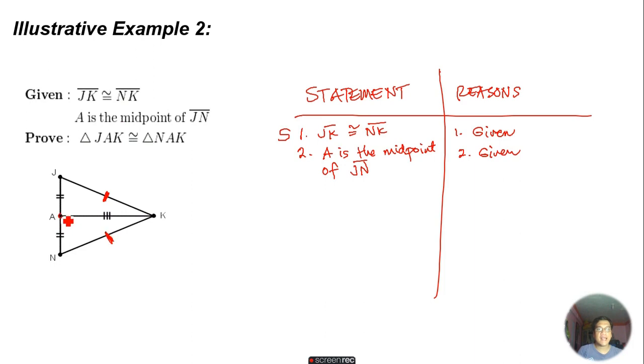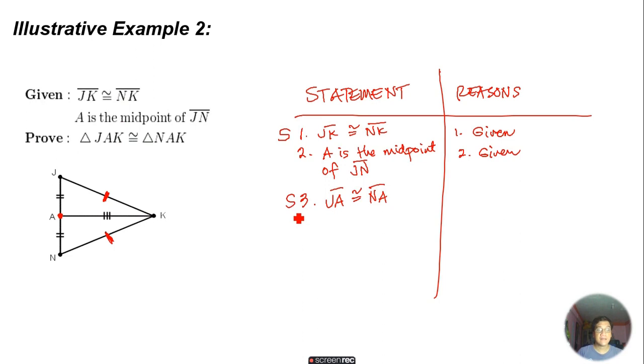Now, look at this. A is the midpoint of JN. Because it is a midpoint, we are already given the clue. So this part is congruent to this part. Therefore, side JA is congruent to side NA. This is also a side.